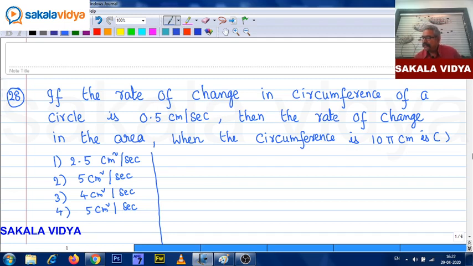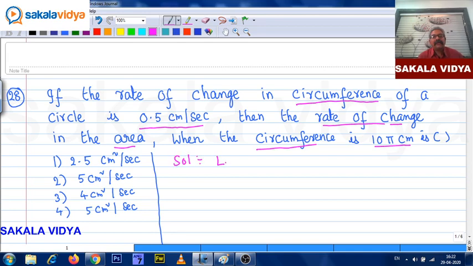Yes, right. So now the rate of change of circumference of a circle is 0.5 centimeter per second. Then the rate of change in its area when the circumference is 10 pi centimeters, we need to find out. So that means solution given.